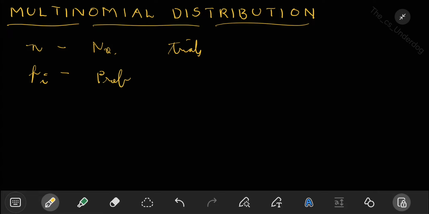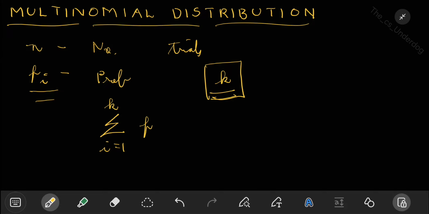So probability is pi. One condition that you have to see here is that because pi is probability, your summation over all the pi's, that is, if you have k different outcomes possible, then your summation over i equal to 1 to k of pi should always be equal to 1.